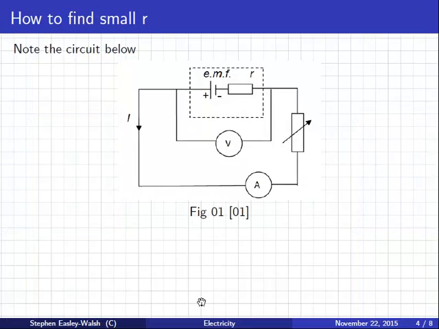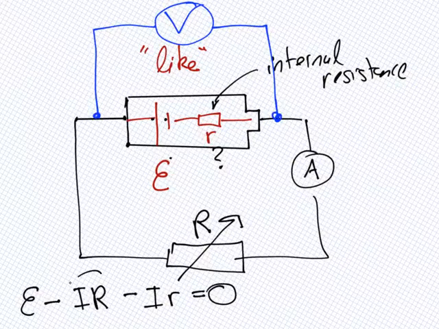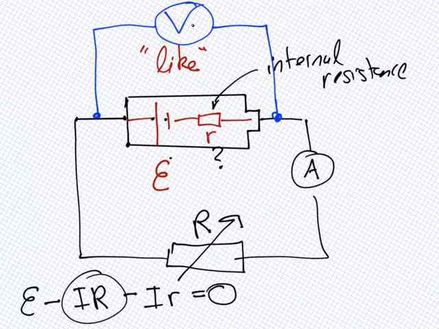This is my first formula. Now actually, this here, you know what it is, because you have V equals IR. In other words, it's the voltage on the voltmeter. So we can change that into E minus V minus I r equals 0.